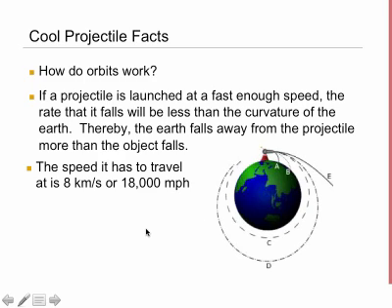And then lastly, what happens if I give it a really great speed, like let's say 11.2 kilometers per second? That is actually the escape velocity of the Earth. So if it goes at 11.2, it's going to follow the E path here and just go off and escape the gravity of the Earth, because it's going fast enough that it can't be captured by gravity and won't fall back onto the Earth.